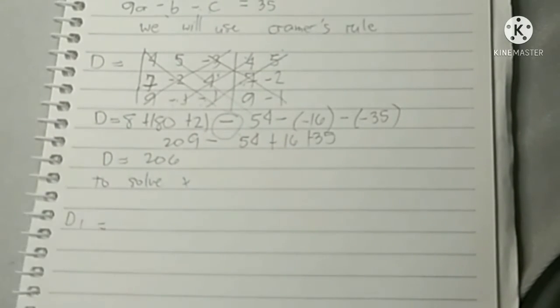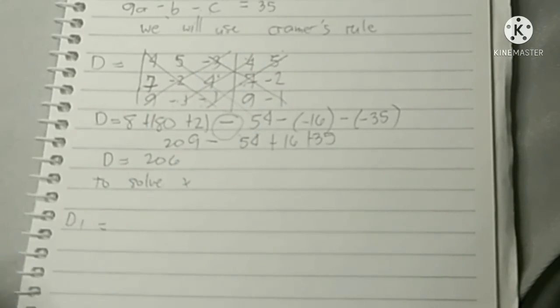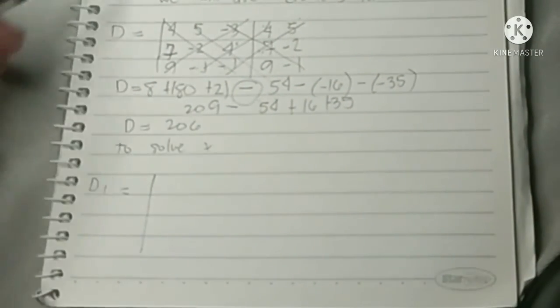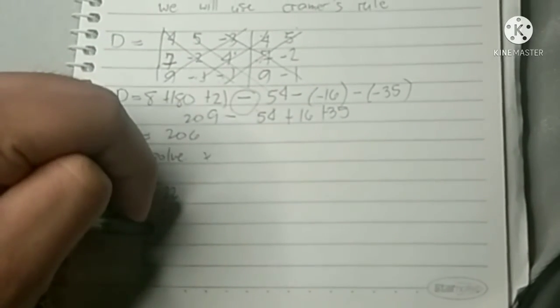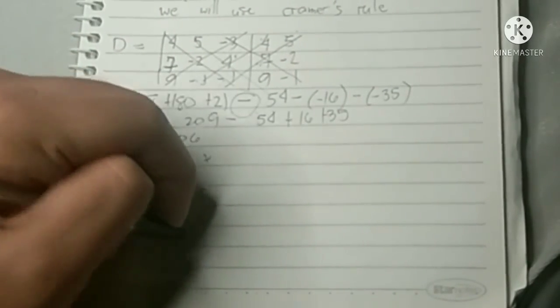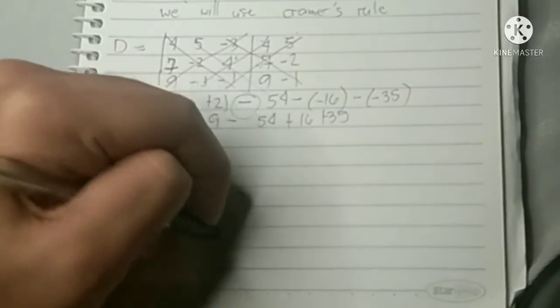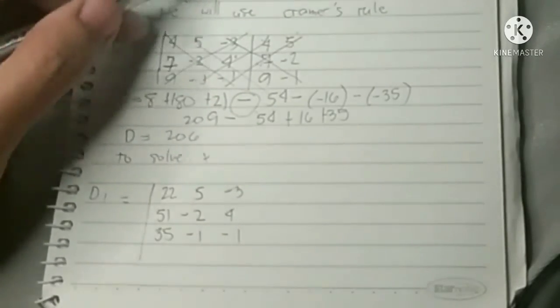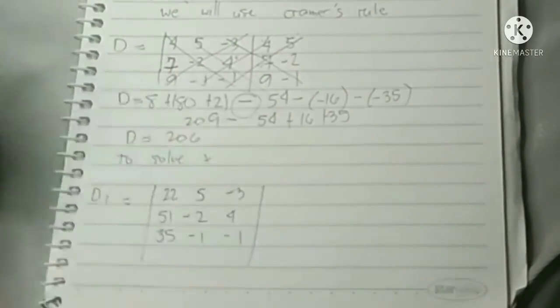To solve for our x, so D1, let's substitute our first row with the 22, 51, and 35. Then copy the second row and third row from the D. And now we will get 22, 51, 35, 5, negative 2, negative 1, negative 3, 4, and negative 1.